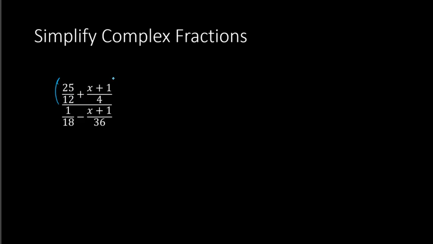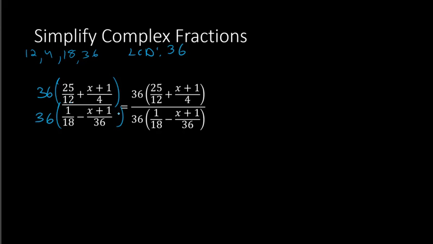So looking in the numerator, we have a 12 and a 4, and in the denominator, we have an 18 and 36. So what is the least common denominator of all four of those numbers? Well, that's going to be the number 36. So what we do is we multiply the numerator by 36 and the denominator by 36. And we see that typed up right here.